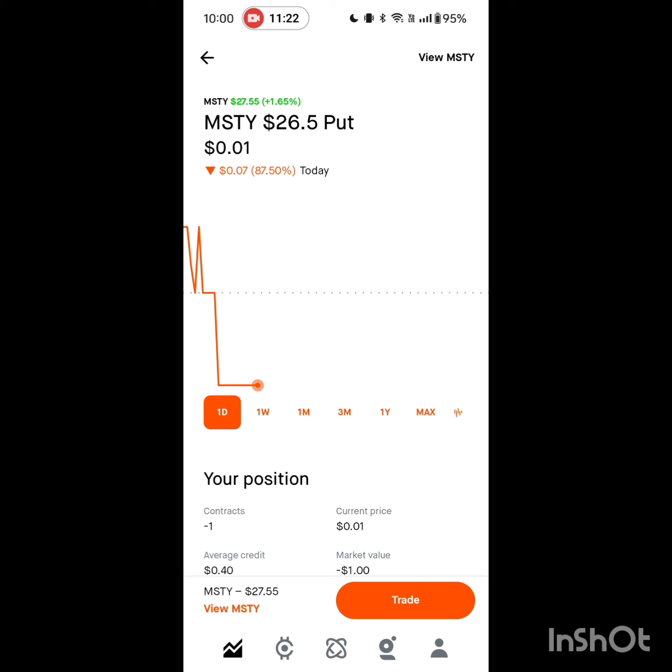The only thing that concerns me about this is that MSTR will have quarterly earnings next week, and during that time, the market has the tendency to become very volatile. There's a lot more trading going on. We don't know what MSTR is going to be reporting, so it's kind of a risky take.